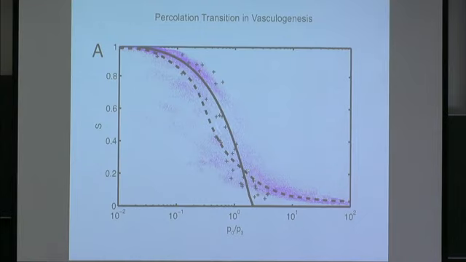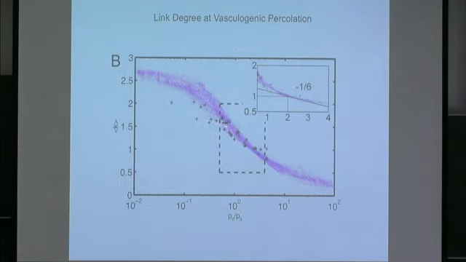And indeed, they nicely follow that phase transition. It also applies to the mean link degree. If I blow up that region, there is a little bit more scatter, because the movie was of bad quality, at least the one we pulled from the web. But indeed, it goes to this 0.12 with a slope of -1/6.